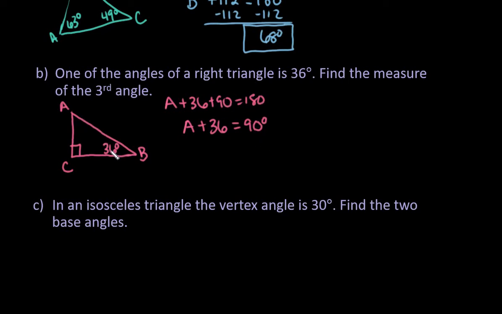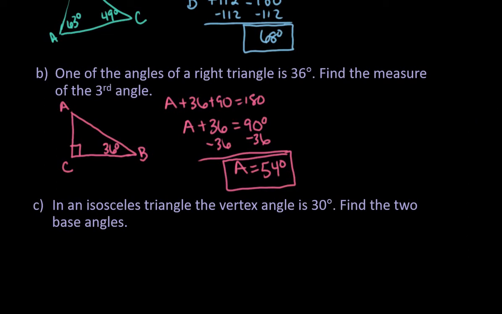So I could use that the two non-right angles in a right triangle are always going to be complementary, and it just makes the work a little bit easier. So then all I would have to do is 90 minus 36, and I end up with 54 degrees. Okay, so for this one, we do end up with 54 degrees for our angle measure.